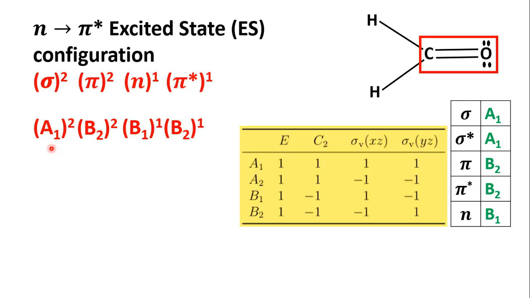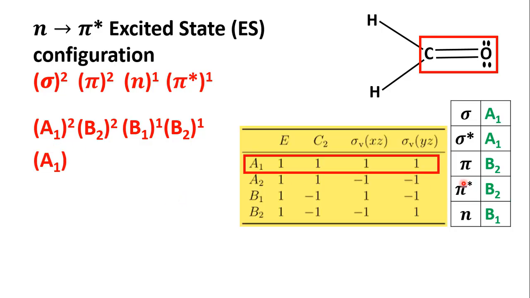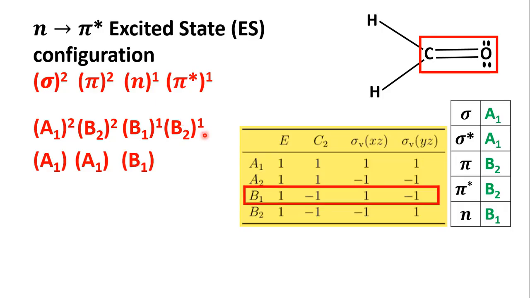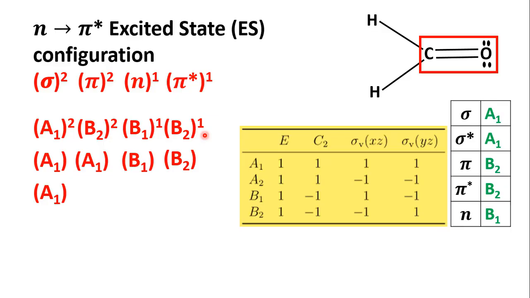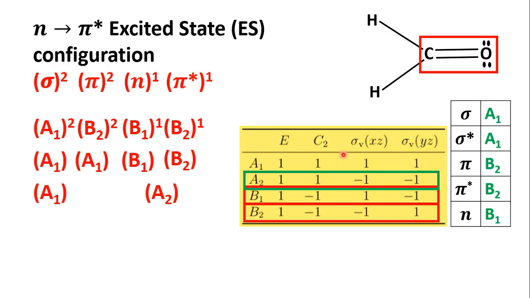A1 square is A1, all plus 1. The square of plus 1 is plus 1. B2 is 1, minus 1, minus 1, 1. If you square them, all become plus 1. That corresponds to A1. Now, the other two, B1 and B2, are not squares. You cannot simply square them. Instead of that, you have to take the product of the characters of B1 and B2. 1 into 1 is 1.